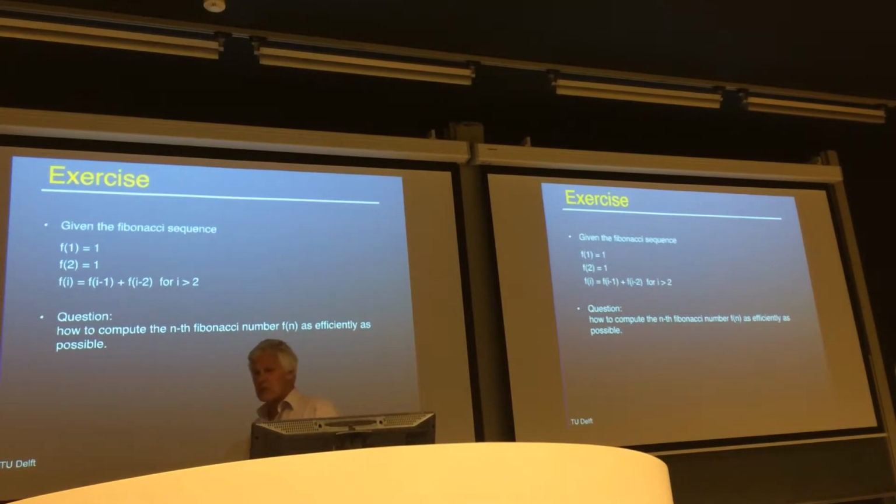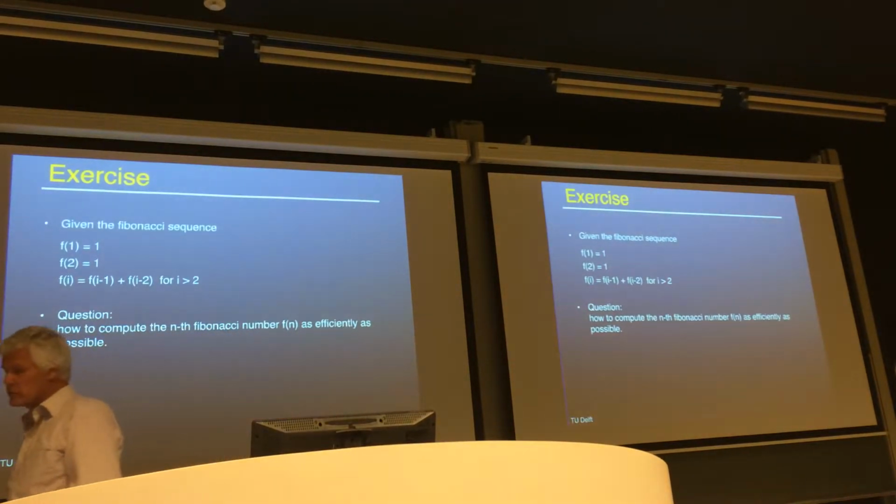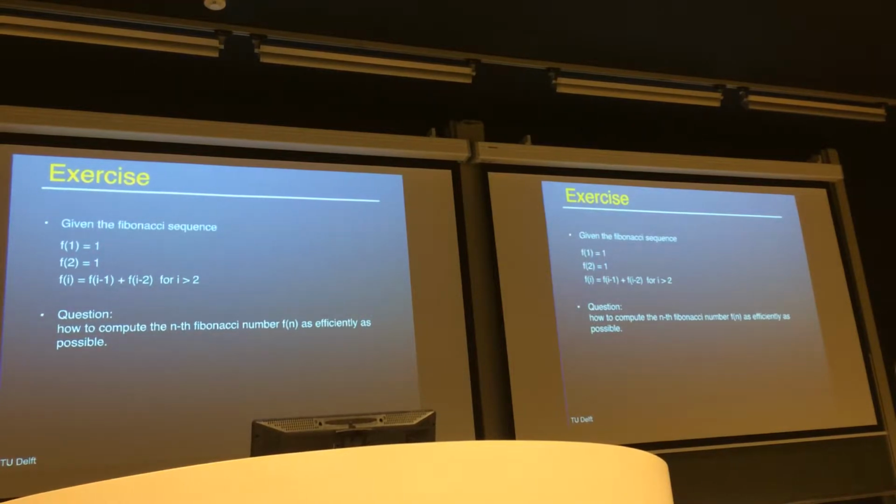In your bachelor classes on algorithms, you should have studied at least two variants: a recursive algorithm for computing the Fibonacci function, and a dynamic programming approach in which you compute Fibonacci bottom up. Both approaches end up with an algorithm that's super polynomial. What we try to do is to find a polynomial algorithm for computing this Fibonacci function.